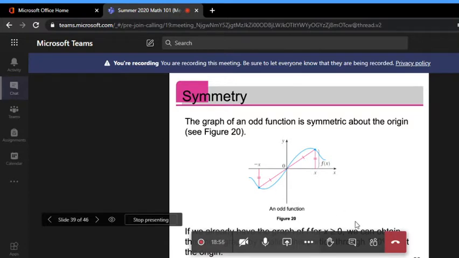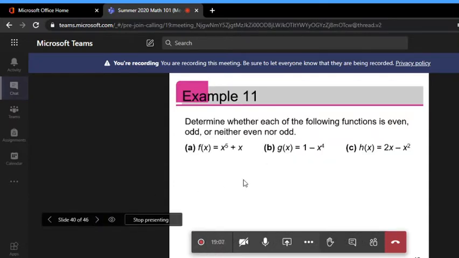All right, next. This is our symmetric function. Here are some examples that we want to discuss, whether they are even, odd, or neither even nor odd. How do we do that?